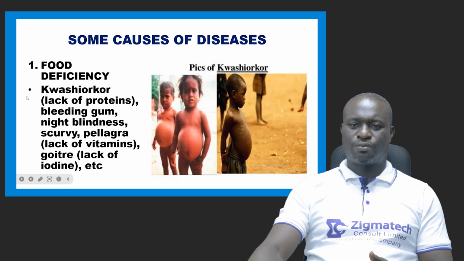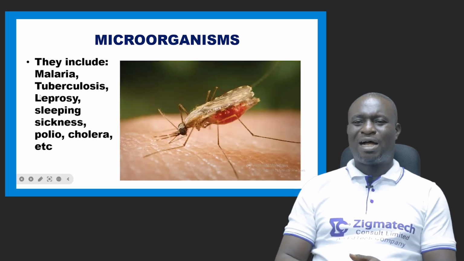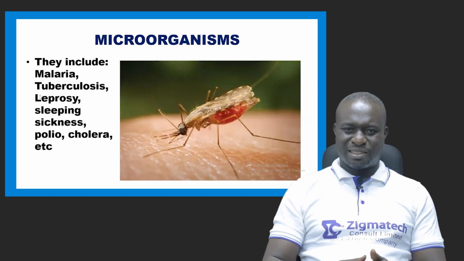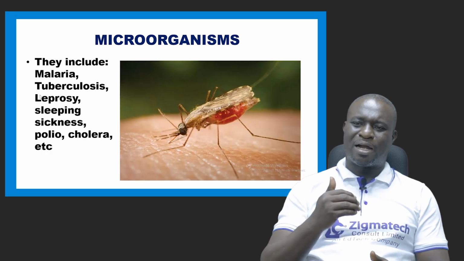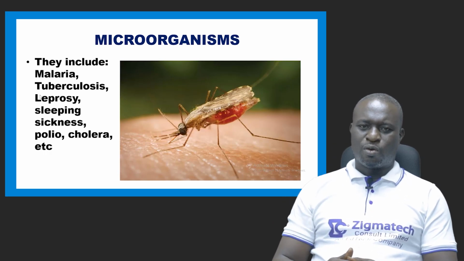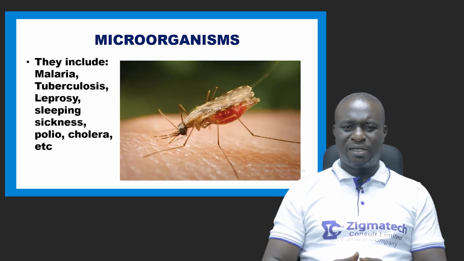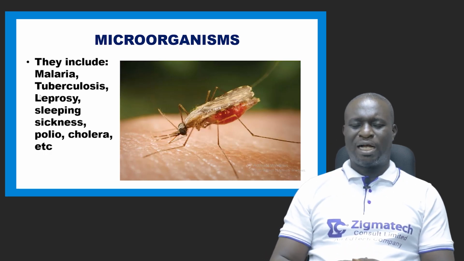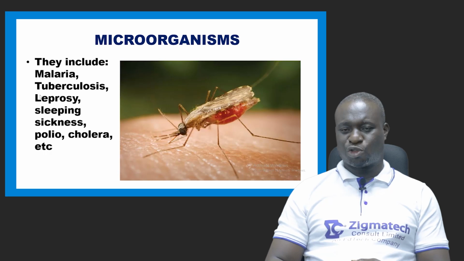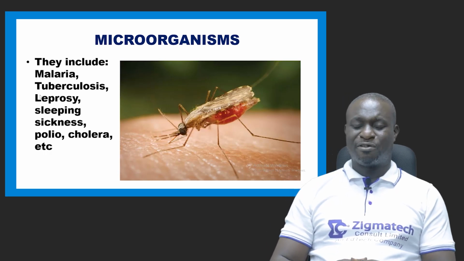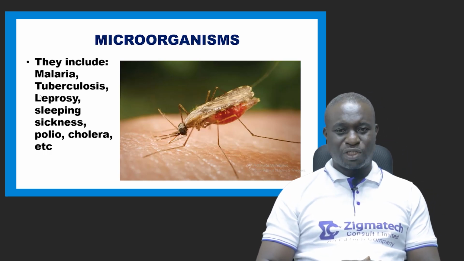Number 2, we have microorganism diseases. These are diseases that are caused by microorganisms. We have examples like malaria, which is caused by a microorganism called Plasmodium, and it is transmitted by the female Anopheles mosquito, which is the vector.